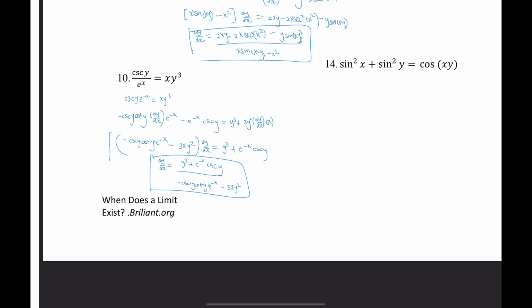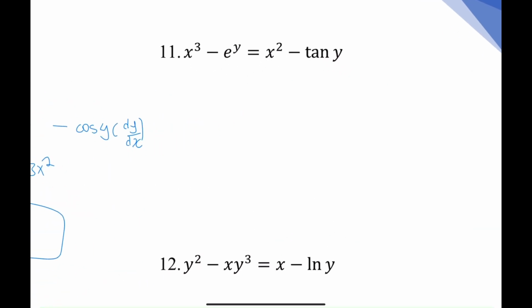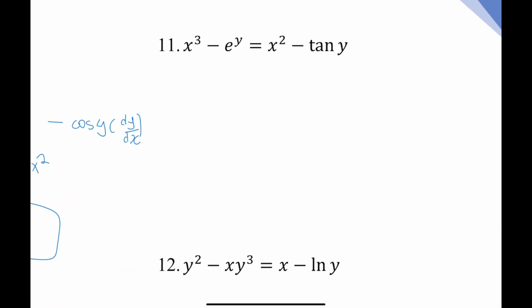Okay, and then moving on to number 11, x to the third minus e to the y equals x to the second minus tangent y. So 3x to the second, negative e to the y, and then dy/dx equals 2x minus secant squared y. Move everything with dy/dx, right?